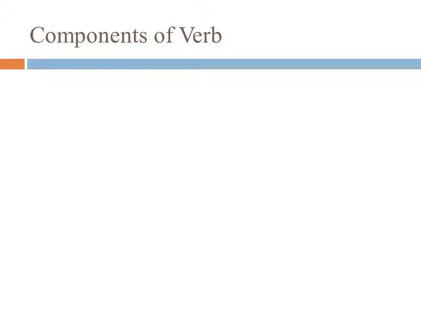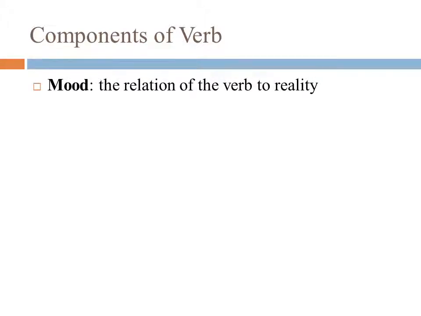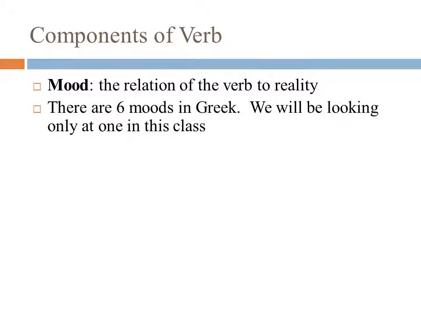Components of all verbs. Mood. Mood is a relationship of a verb to reality. That is, we move out of reality when we begin with questions of this is true to this might be true, this could be true. So the relationship in mood is a verb to reality.